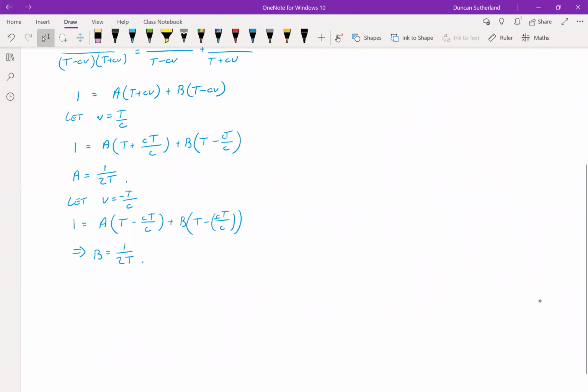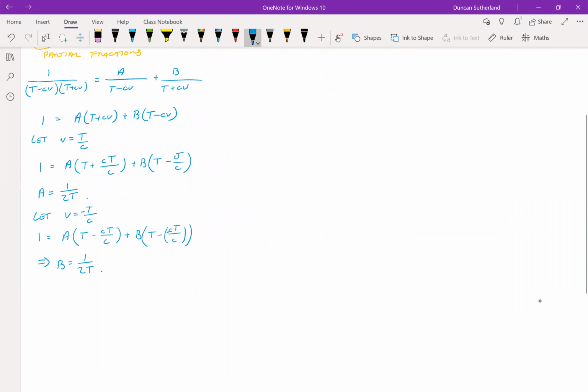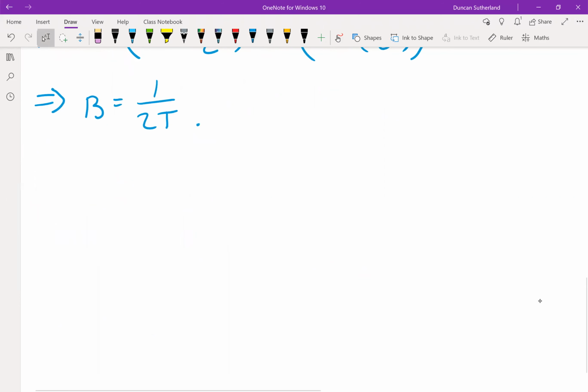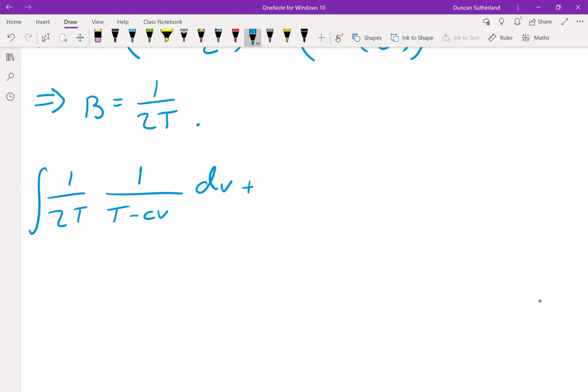Now that we have this, we can take it and plug it back into this expression to obtain the separate partial fractioned integral.